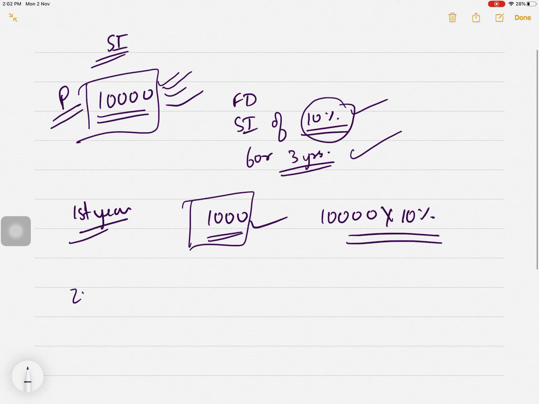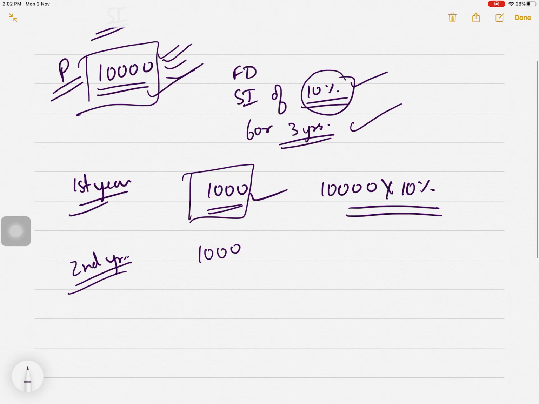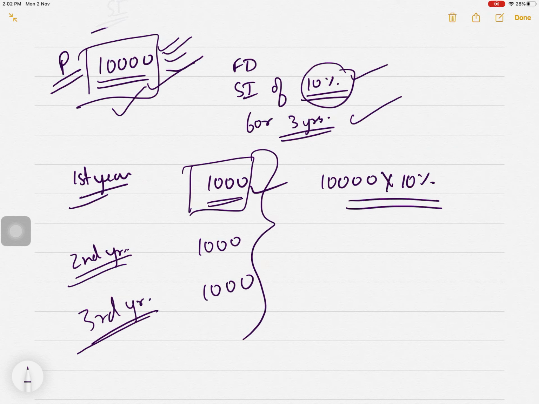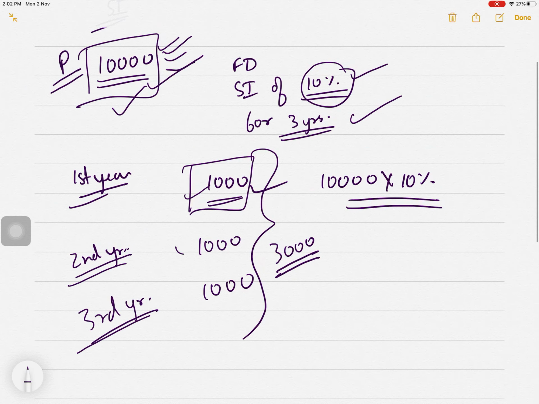Second year, also my principal amount is 10,000, so 10,000 into 10%, again 1,000. And third year, again I am earning only 1,000. So the interest I am earning in 3 years is 1,000 every year, so 3,000 is my interest. This 1,000 every year is calculated on the principal amount itself.